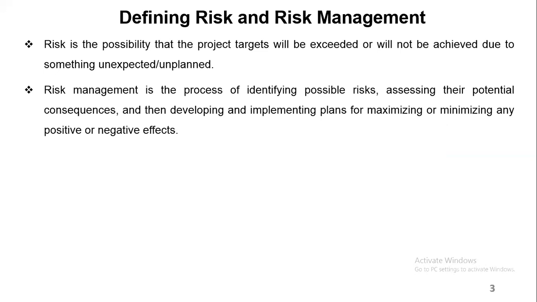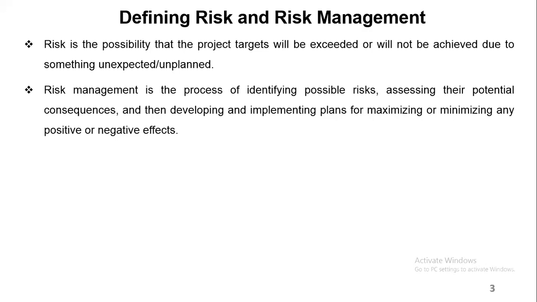If it's negative, it means it's affecting your project, like you end up not reaching your targets or not achieving your deliverables. But sometimes it can also be positive, in such a way that you end up benefiting from that unplanned event.